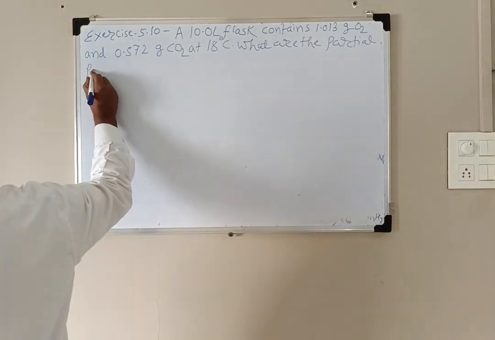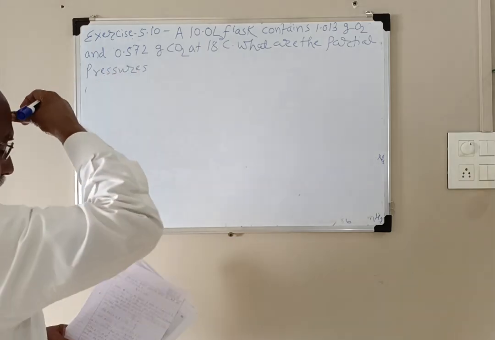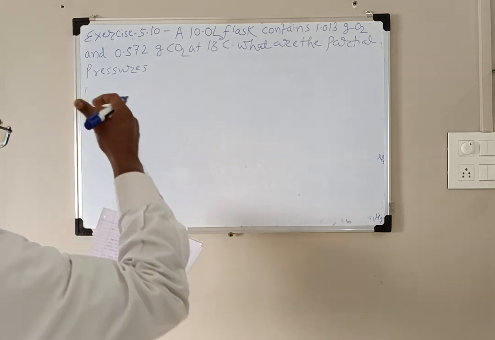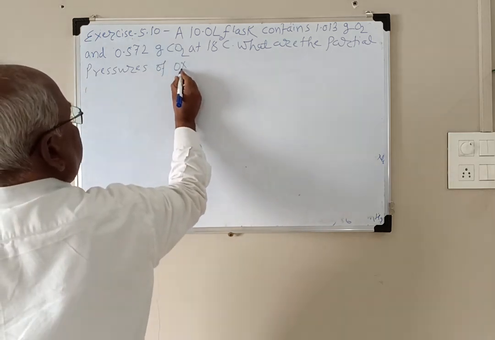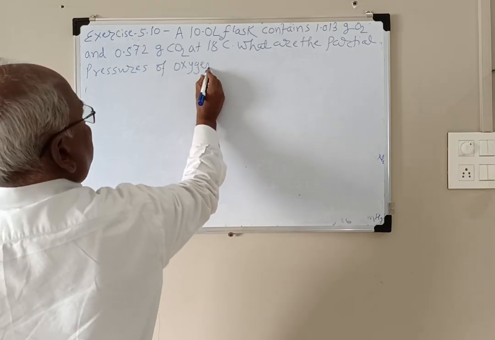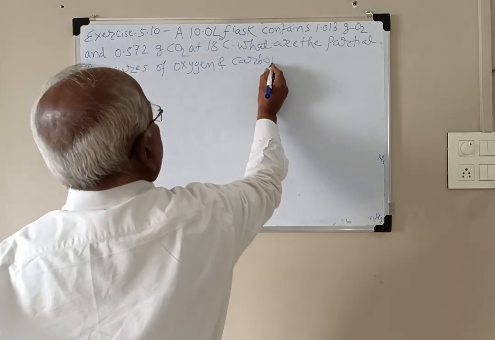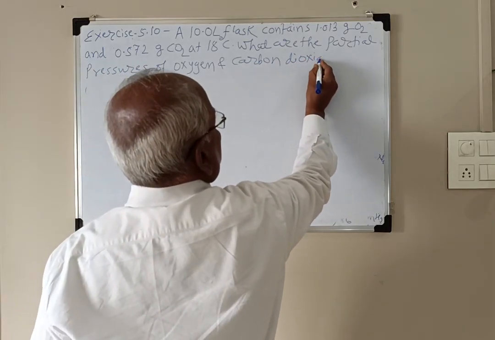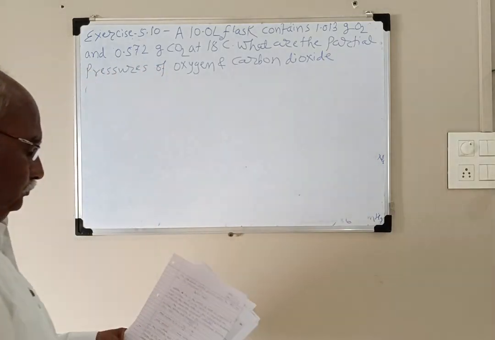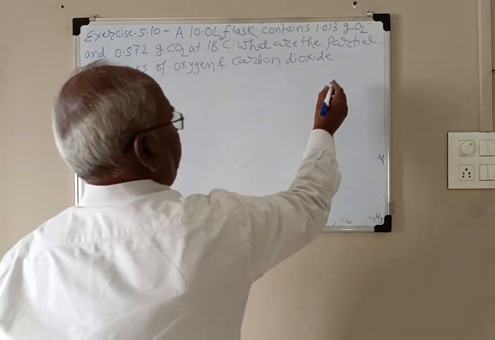What are the partial pressures of oxygen and carbon dioxide? What is the total pressure?